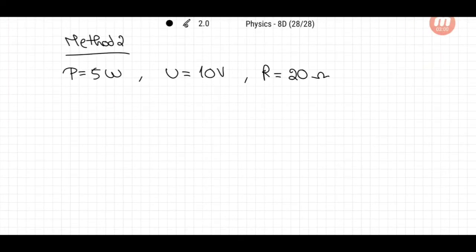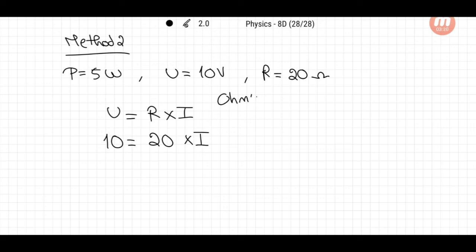Now, I can find it also using another method. The second method is I can apply Ohm's law. I know that U is equal to R times I. I have the voltage 10 volts and I have the resistance. So 10 is equal to 20 times I using Ohm's law. Now 10 equals 20I.